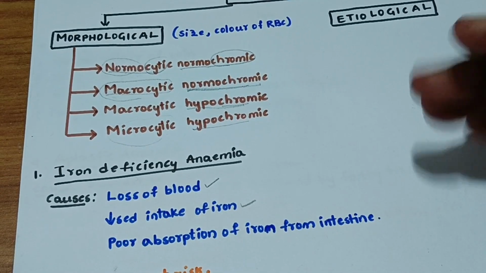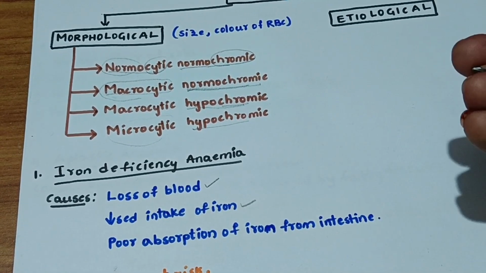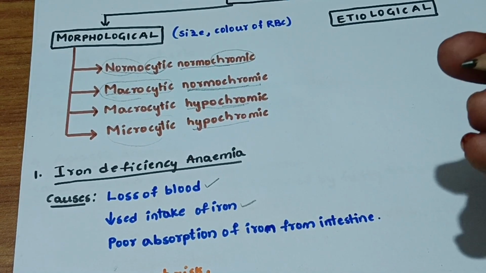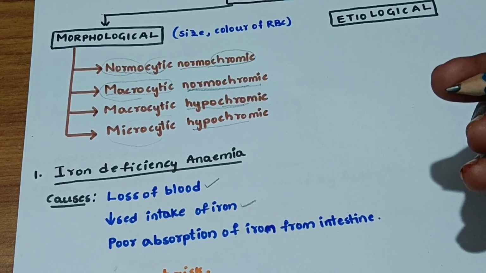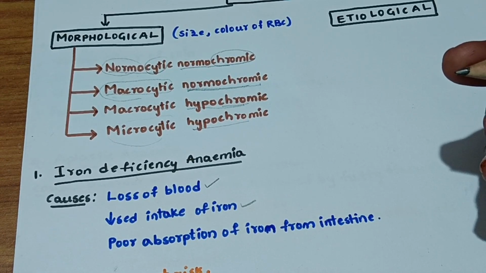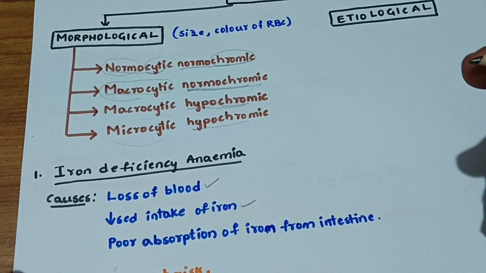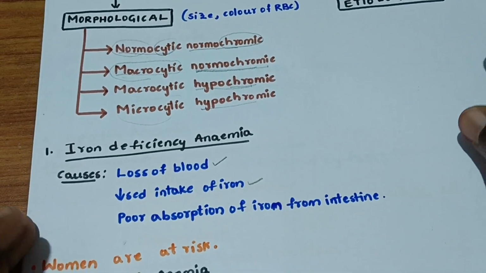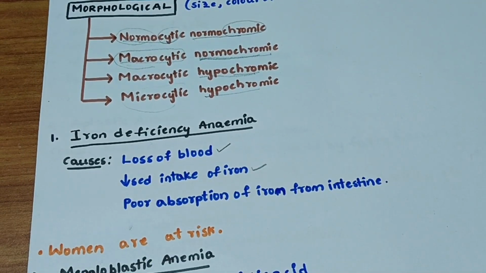So these are the causes of iron deficiency anemia: loss of blood, decreased intake of iron, and poor absorption of iron from the intestine. It occurs mostly in women; women are at risk, with more cases of iron deficiency anemia.